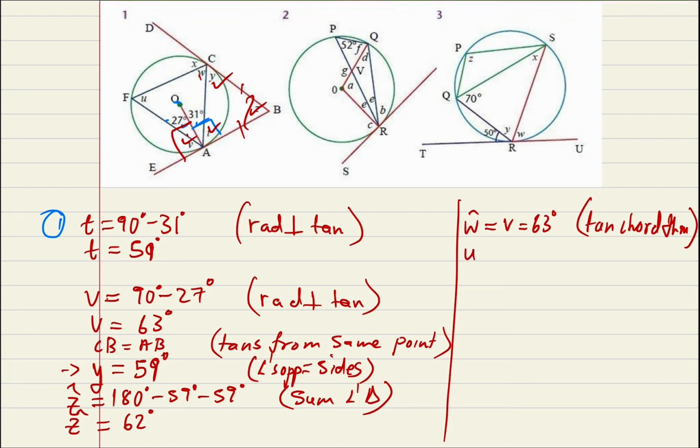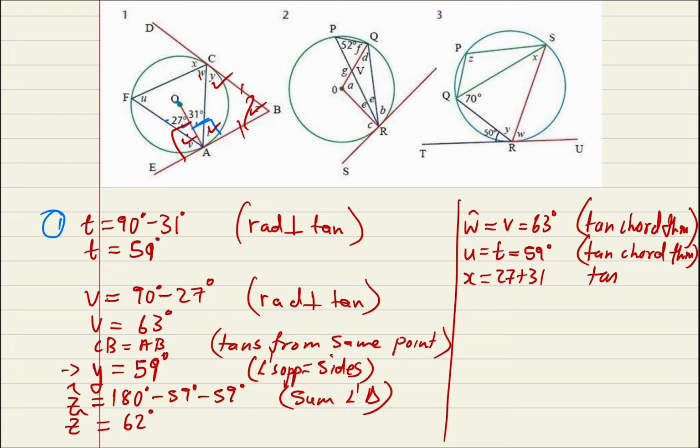I'll say U is equal to T, which is equal to 59 degrees. Why 59 degrees? It's because again of the tan chord theorem. Then I found that one. Then I will say x is equal to 27 plus 31.